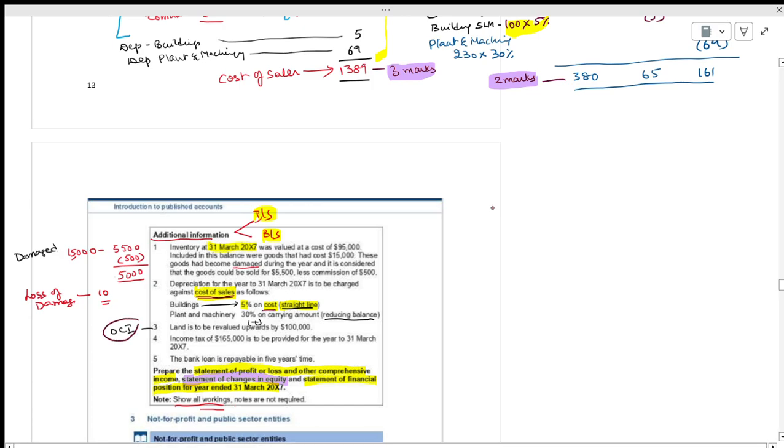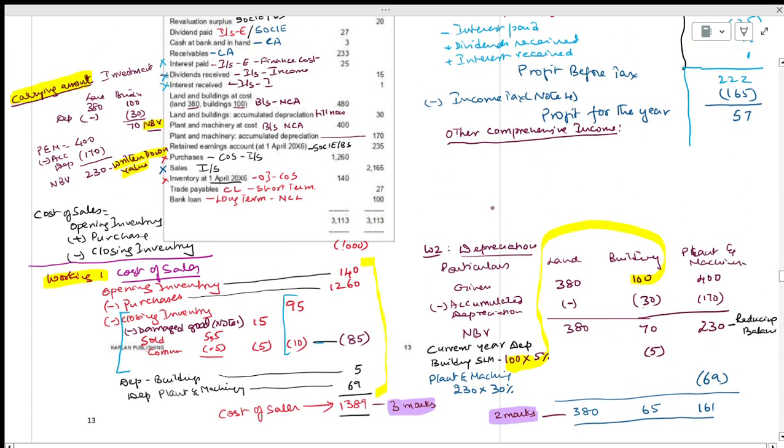Always add revaluation of land. Note 3, how much? 100. That's all, nothing else is there.